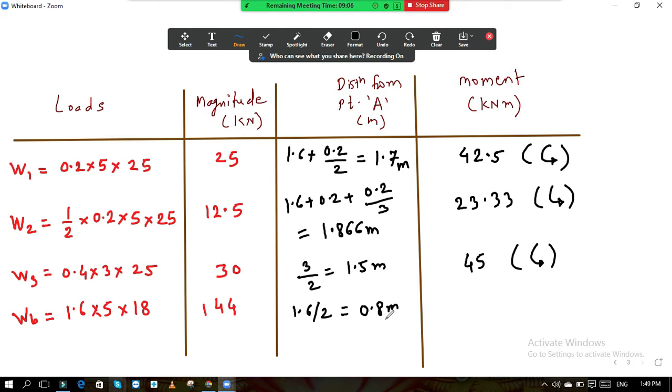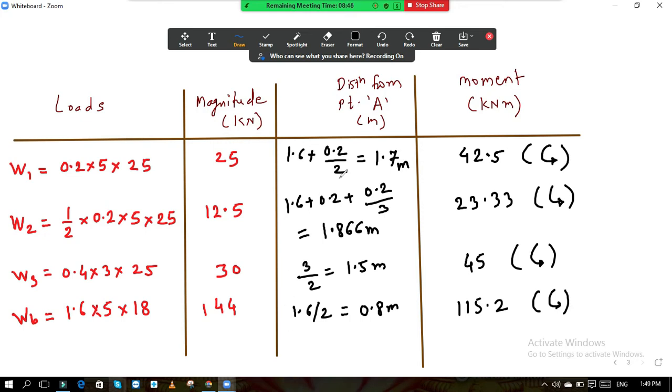I hope now your CG concepts are very clear, and you can find all the distances, that is how I am proceeding. So now the moment will be 115.2, and this moment is also anti-clockwise.